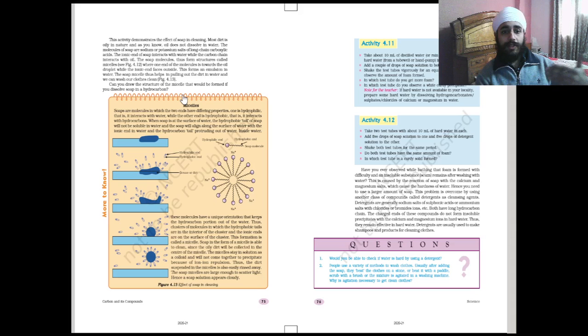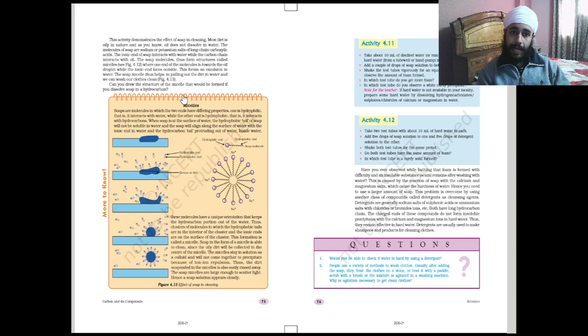When the soap is at the surface of water, the hydrophobic tail of the soap, which is not soluble in water, aligns along the surface with the ionic end in the water and the hydrocarbon tail sticking out of the water.